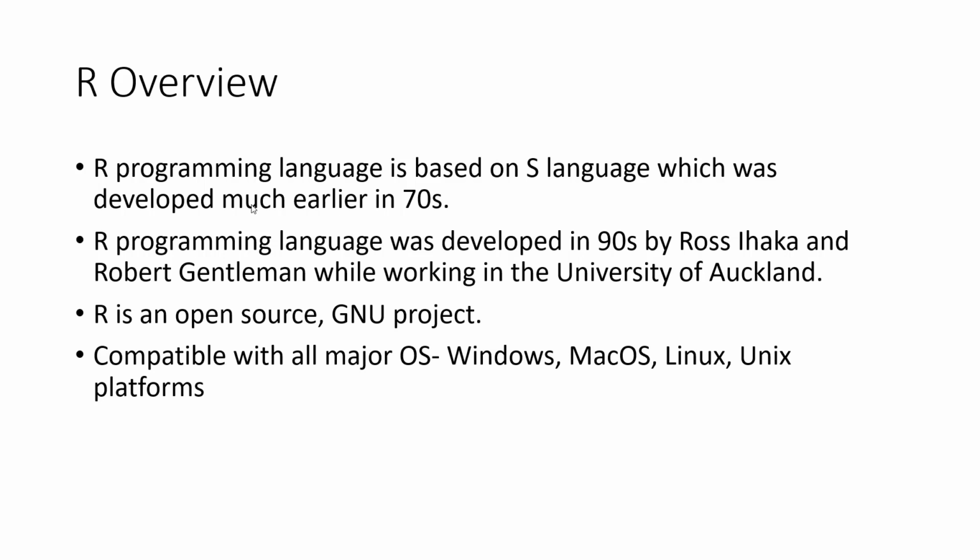In terms of cons, let's say if you compare it with Python, if you learn Python, you can apply the same knowledge in other fields like website development, whereas in R, if you need to learn website development, you will have to learn some other language. But the good thing about R is that as it is extensively used in machine learning, there are lots of libraries.